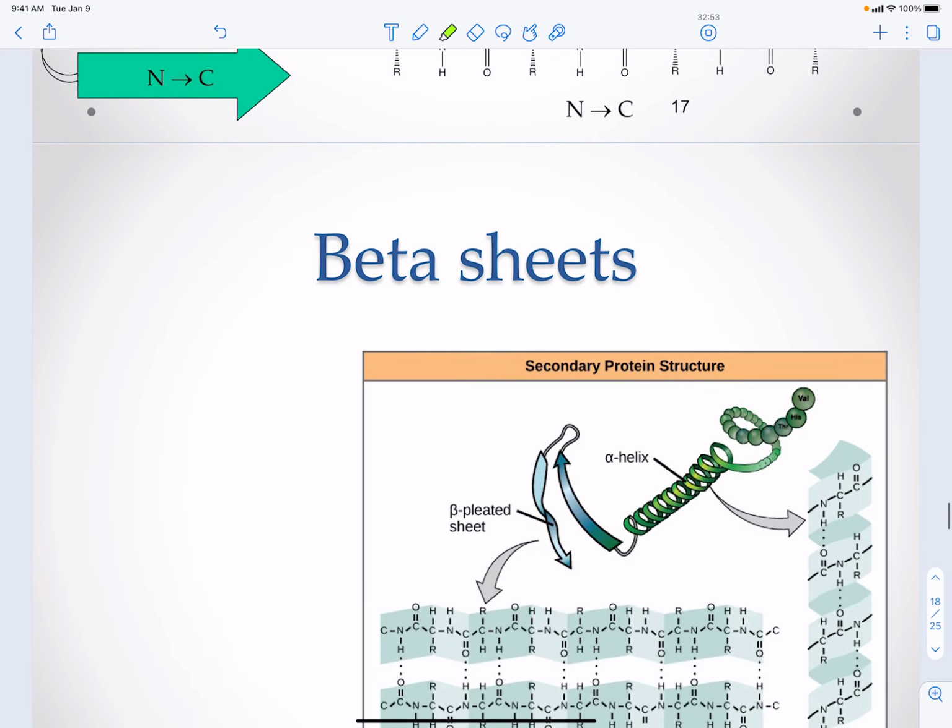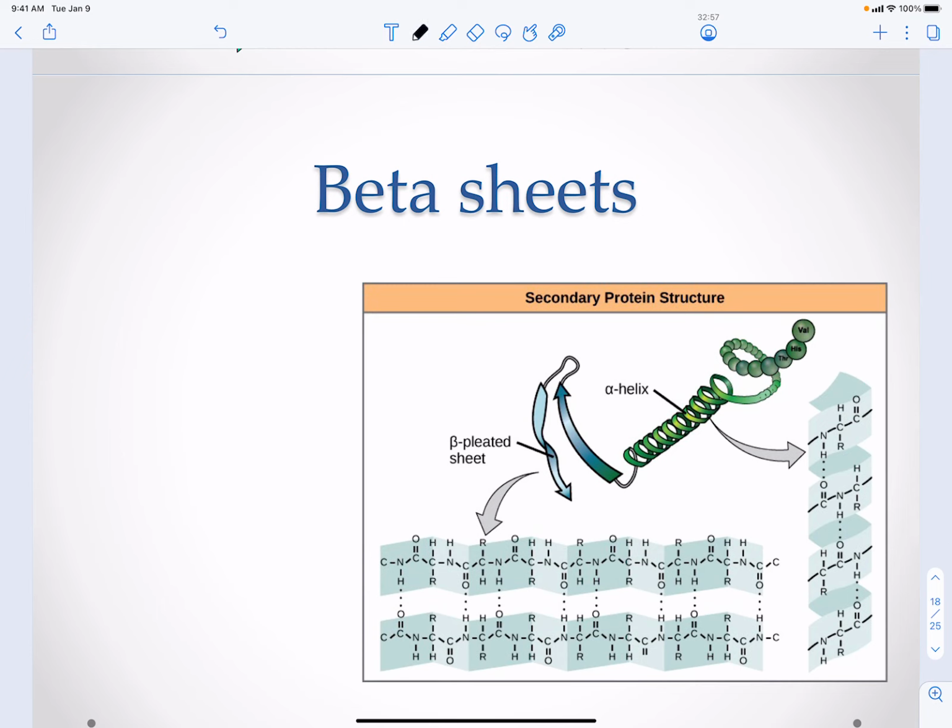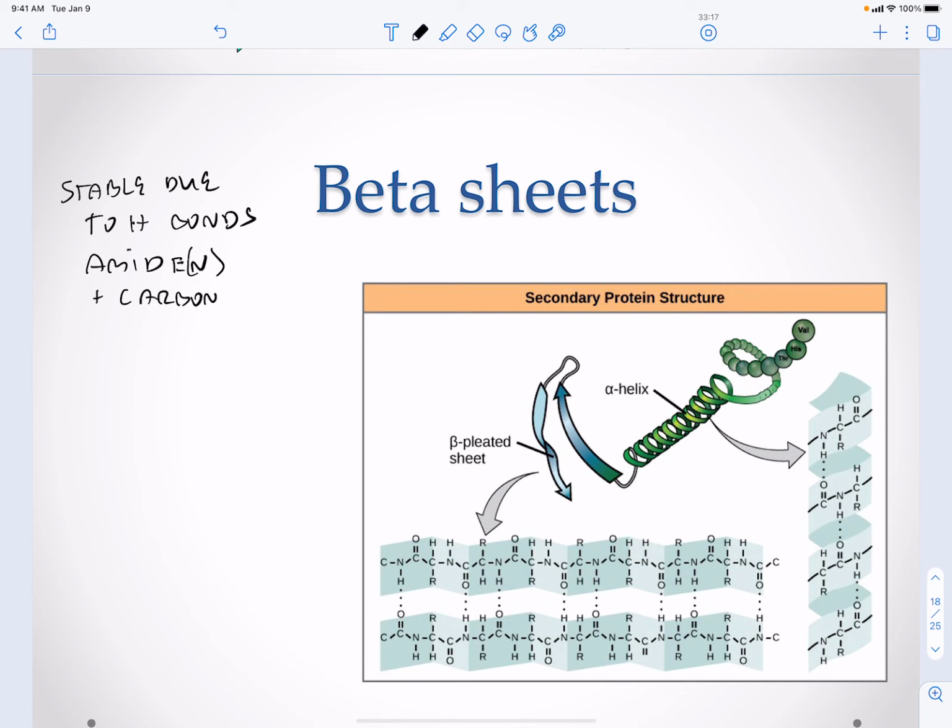All right, so beta sheets also are going to be stabilized by hydrogen bonds. And these, of course, are in the actual amino acids. It's the amide nitrogen with the carbonyl carbons. That's the peptide bond.